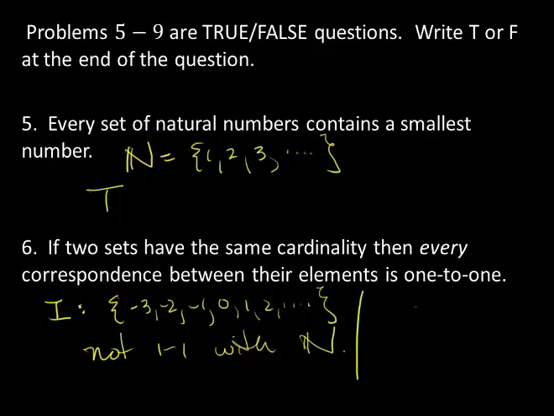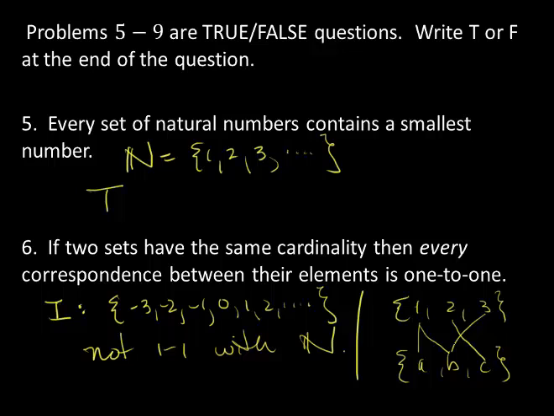A simplest case, let's take the set containing 1, 2, and 3, and the set containing A, B, and C. You could pair 1 with A, 1 with B, 2 with C, and 3 with B. There's a correspondence, but it's not one-to-one because 1 is paired with A and 1 is paired with B. And you could say 1 is paired with B and 3 is paired with B. It's not 1-to-1, but it is a correspondence.